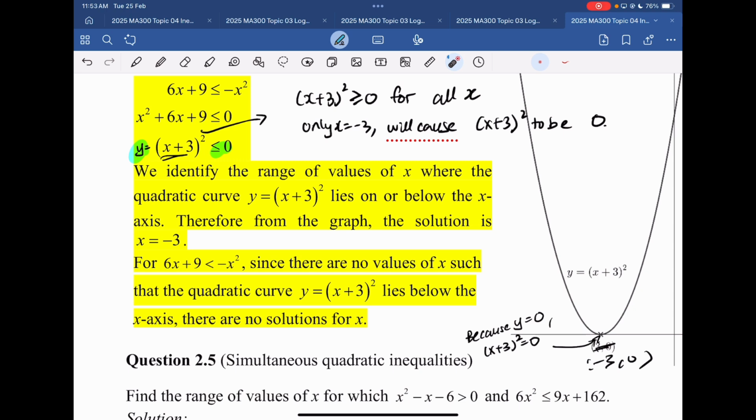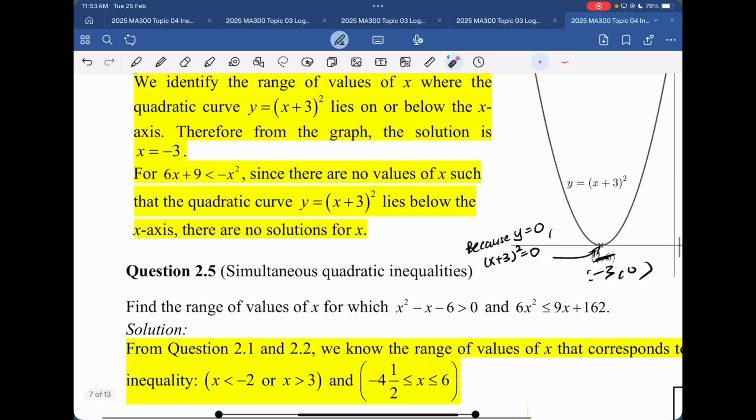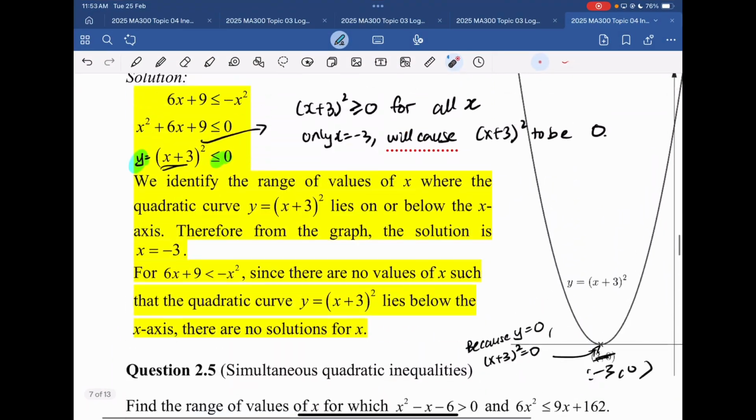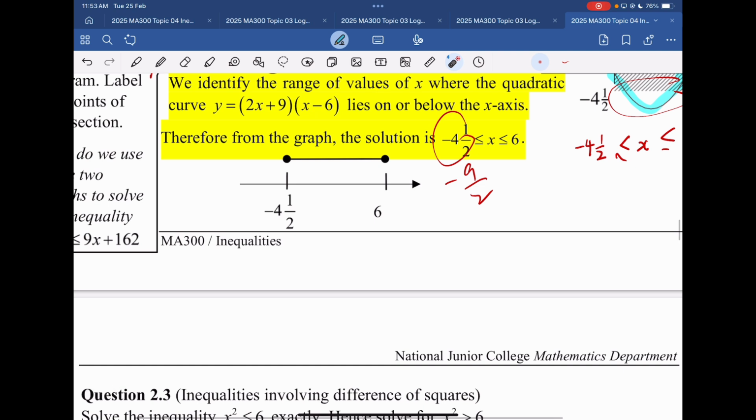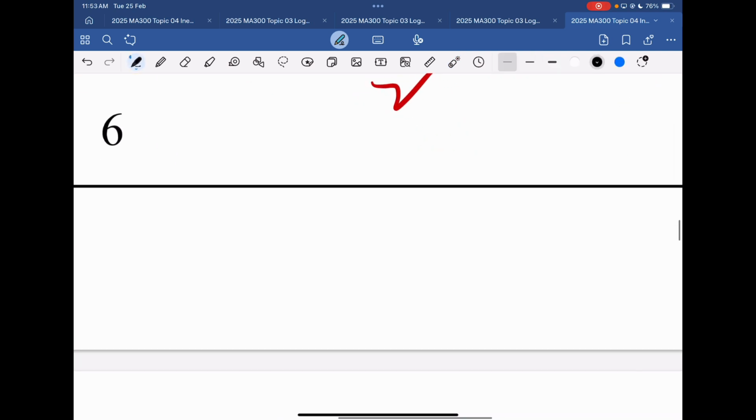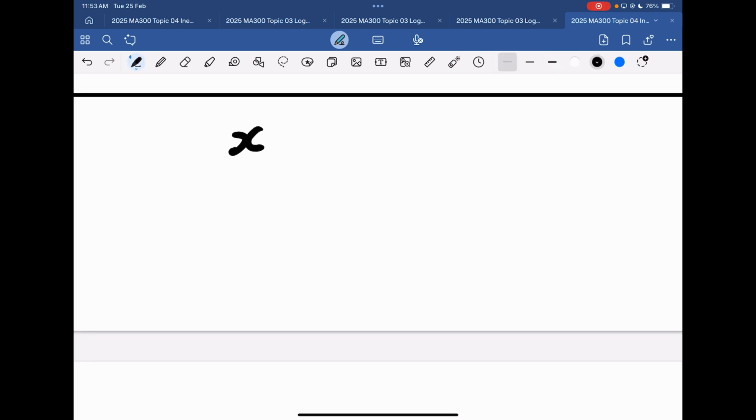This value or this value, when is it like a string? Good question. For example, if I were to solve something like this, say x minus 2, x minus 3, x minus 5 less than 0.